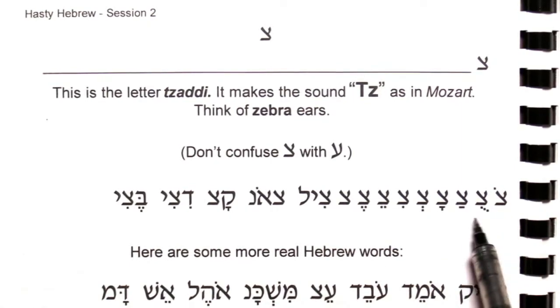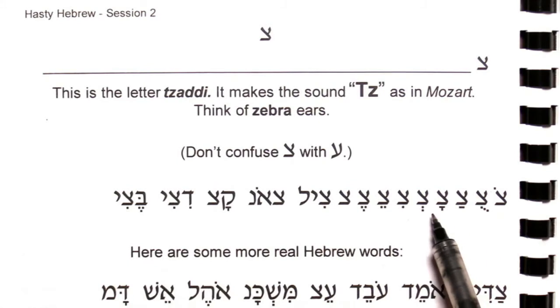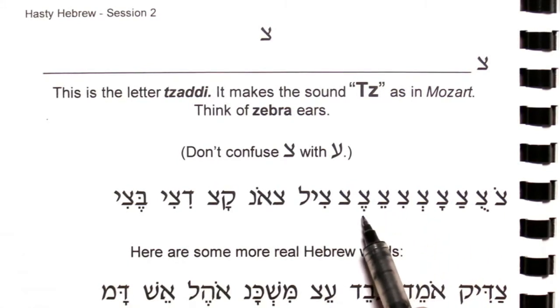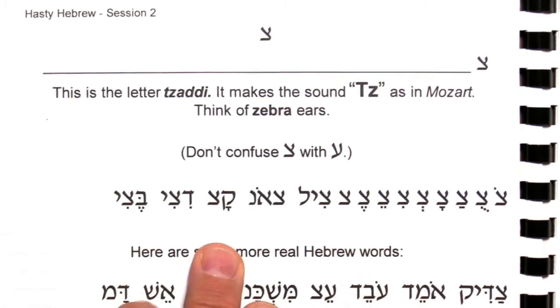Zo, zu, za, za, ze, ze. And then we have English words. So take a moment to figure those out, and we will pause and return when you are ready.